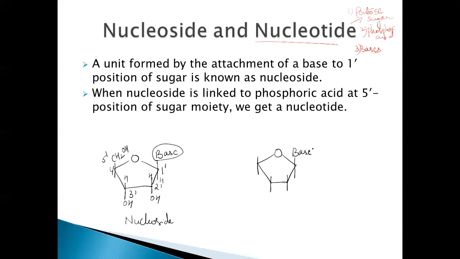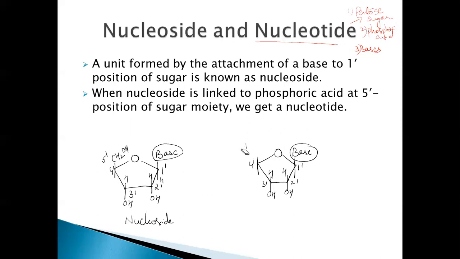And if this nucleoside again is attached to a phosphate, so this is again a nucleoside with the base. So this is a base I'm drawing first at 1 dash, 2 dash, 3 dash, 4 dash, and this is a 5 dash where CH2OH is there. So the rest is all the same, H, OH. So at the 5 dash position, if a phosphoric acid is attached, so a phosphate group is attached here.